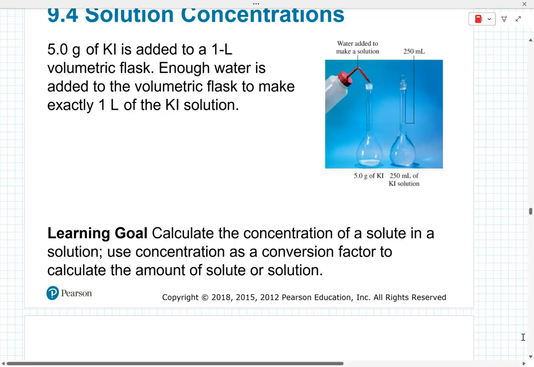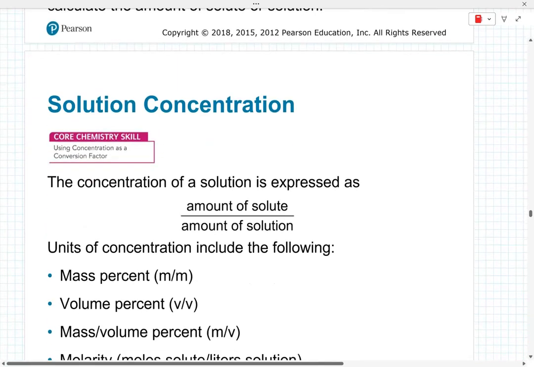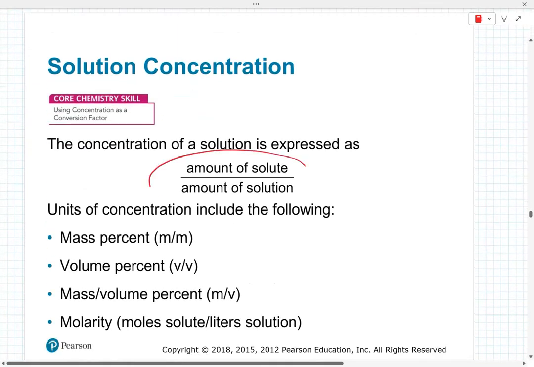So now we're going to talk about concentrations. And this is the definition. Okay? And I want to show you that you use concentrations almost practically every time you go grocery shopping.